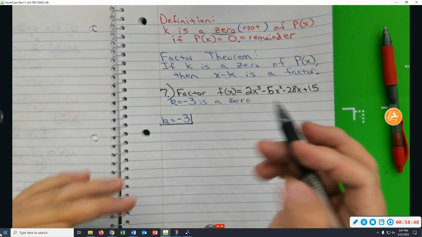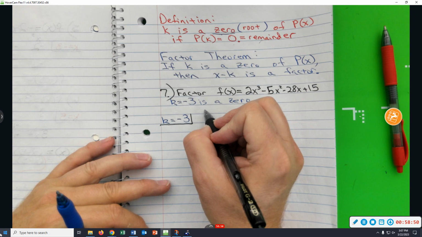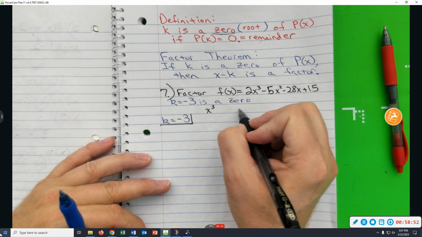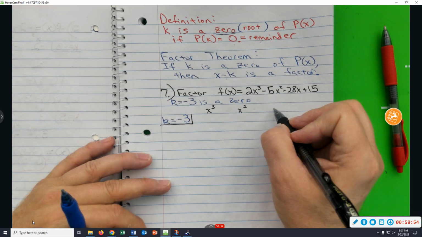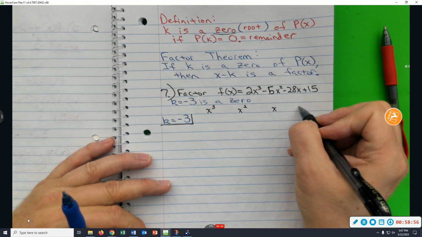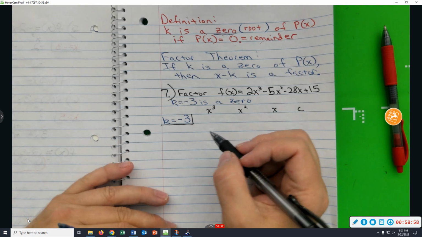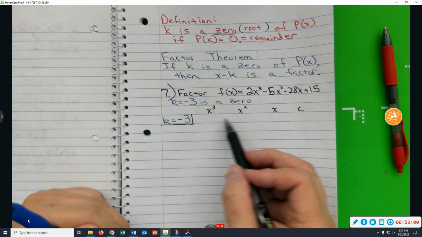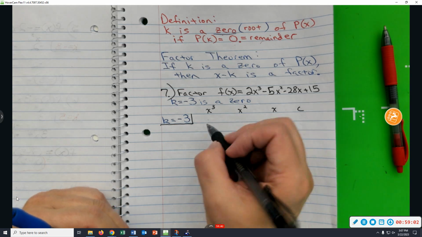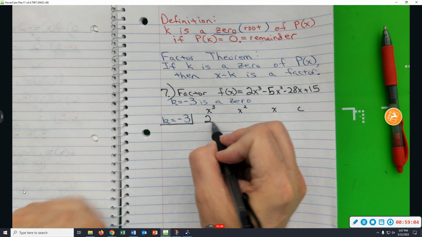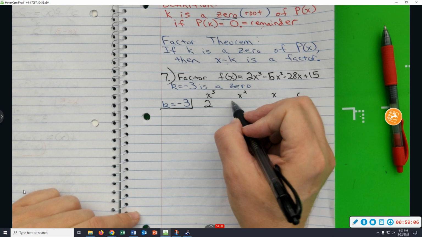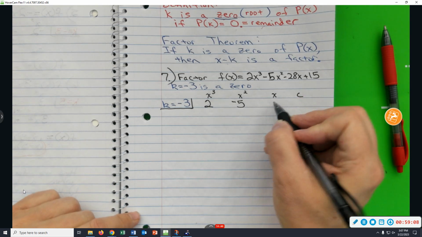We have x cubed. Let me put in my column headings: x cubed, x squared, x, and a constant.